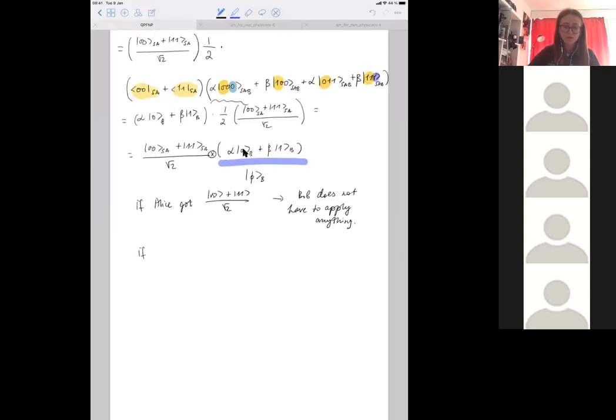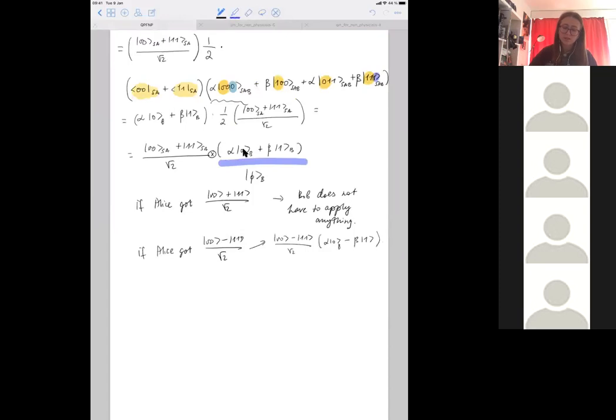One can also analyze what happens if Alice got |0,0⟩ minus |1,1⟩. You can do a similar analysis, and just for this one I'll give a hint: you arrive at the state |0,0⟩ minus |1,1⟩ over square root of 2, times alpha |0⟩ minus beta |1⟩. What does it mean?